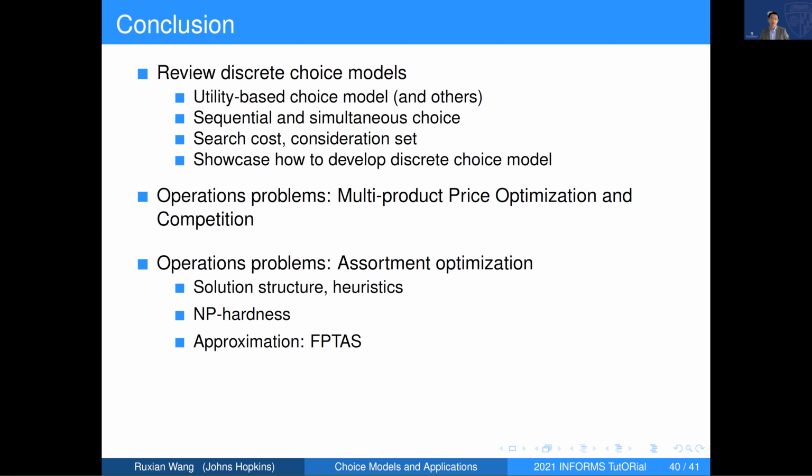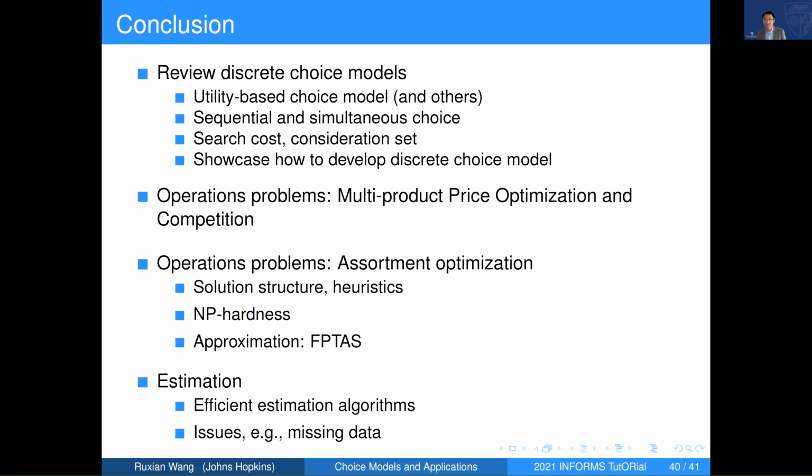And we also considered the assortment optimization problem. It's a typical combinatorial problem. We try to characterize the structure of the optimal solution, or develop some heuristic with good performance guarantee for some NP-hard problems. We want to develop an approximation.